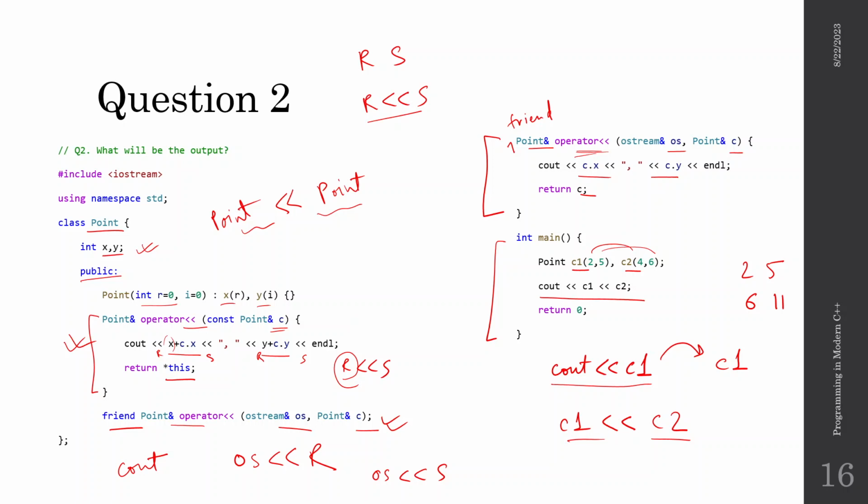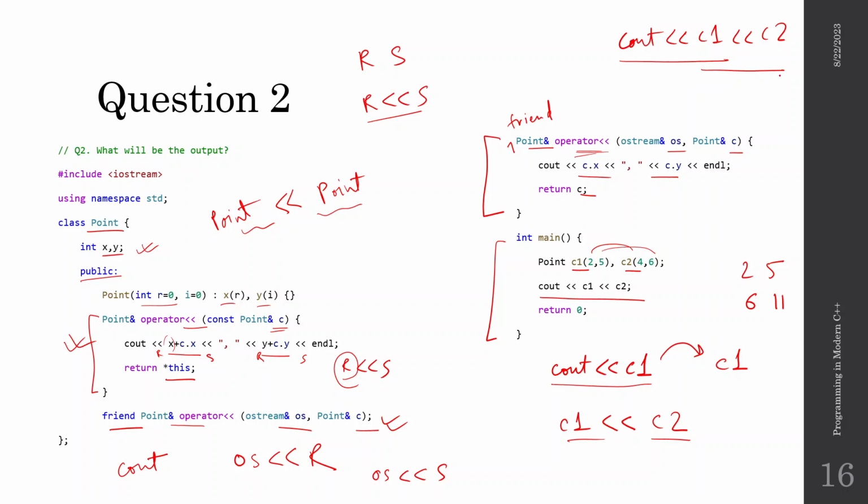Somebody is trying to repeat it, so okay, I'll repeat this question. Basically, this line is there, cout output stream c1 and then output stream c2. You can split it into two parts. One is this and the second part is this.